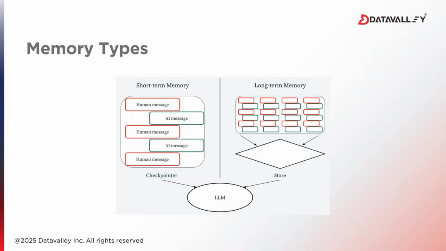For short-term memory, this is an LLM's immediate working memory. If you see in this diagram, it is represented by the conversation between the human message and AI message. It is limited to only one context window.